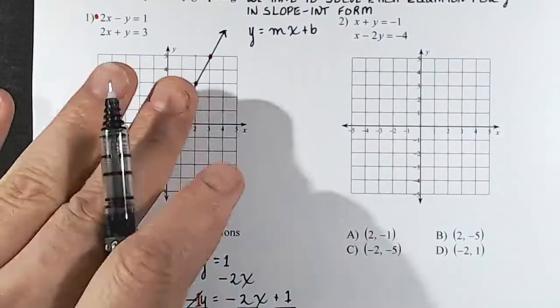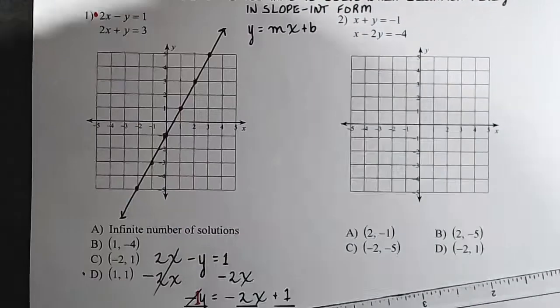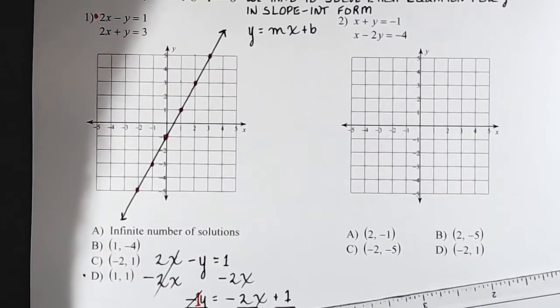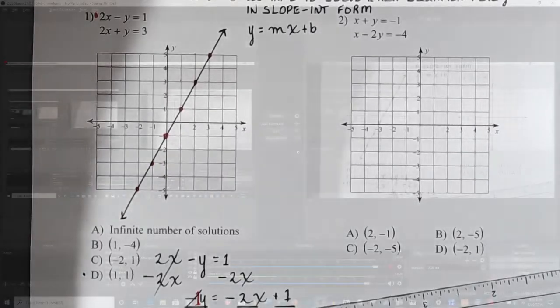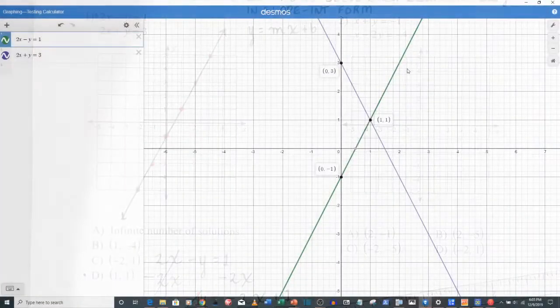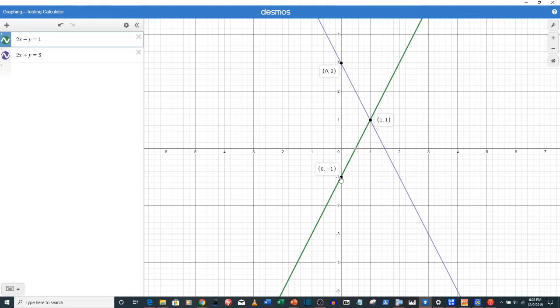Okay, so we graphed in one of our lines. And if we look back at Desmos, that's this green line. That's what we just plotted in. We had a y-intercept at -1, and we went up 2, over 1. See? And there we are at 1, 1. And then we went up 2, over 1.